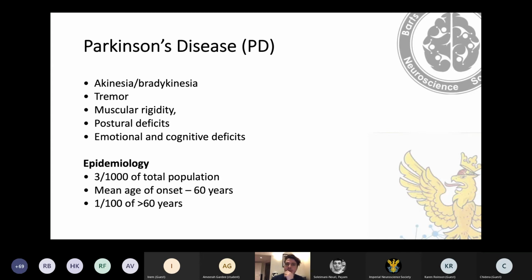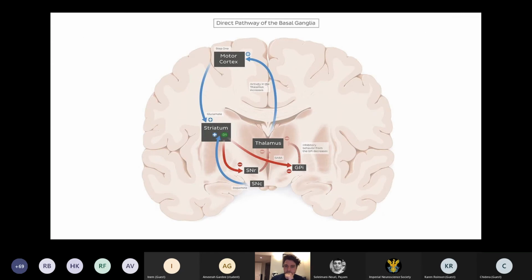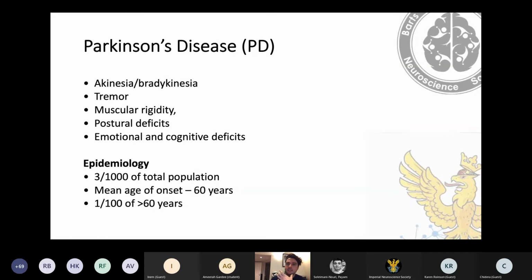So why are we interested in Parkinson's, particularly when we're talking about the basal ganglia? Imagine everything I've been saying about the direct and indirect pathway. Think about what we've said from a dopamine point of view. We all know that Parkinson's is characterized by the degeneration of the substantia nigra, particularly in the pars compacta, which means we have less input from dopamine and sometimes none.